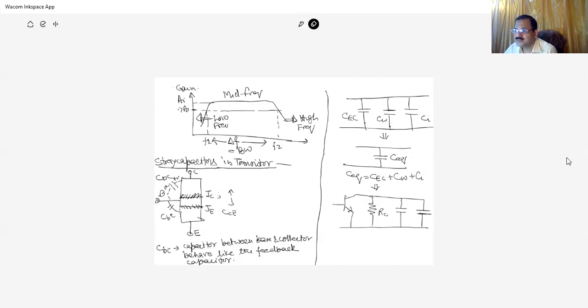If we replace the impedance part, we can have this part as C equivalent, and this is the R. This R is nothing but RI1 parallel combination of RI2, parallel combination of HIE.